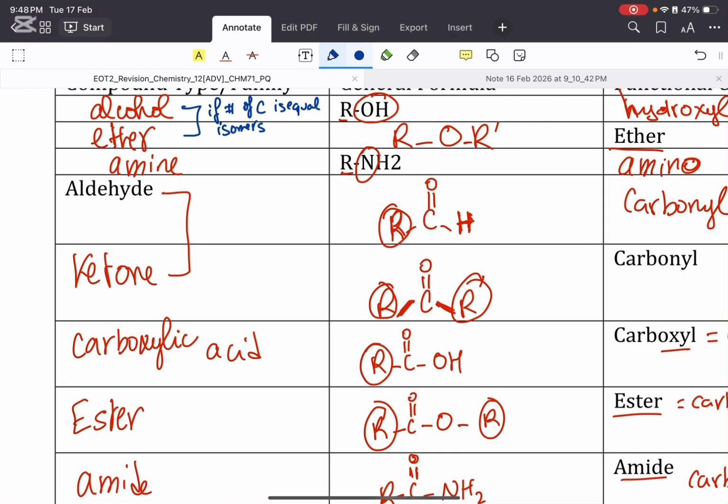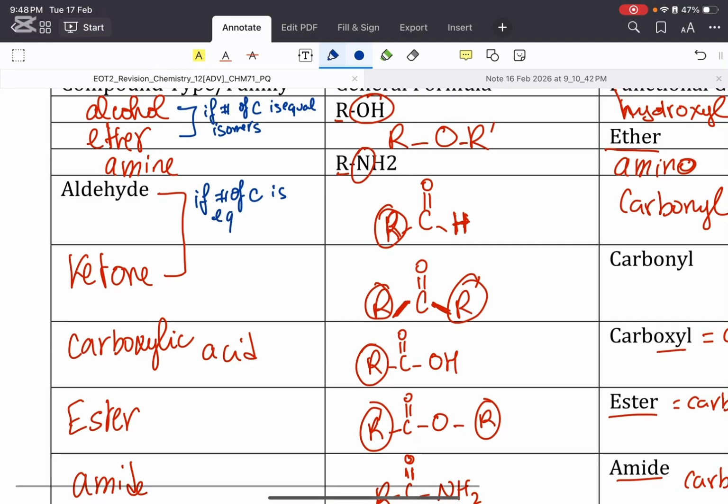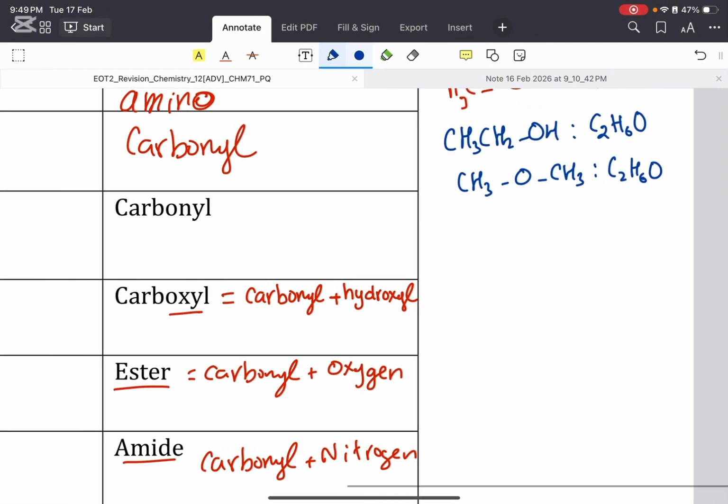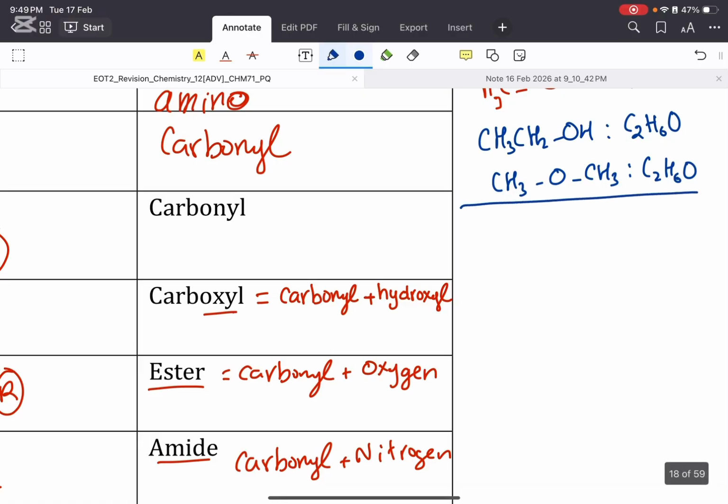Same thing for aldehyde and ketone. If in the aldehyde the number of carbons is equal to the given molecule of ketone, also having the same number of carbons, they would form isomers. So let's give you an example of an aldehyde and ketone with the same number of carbons.